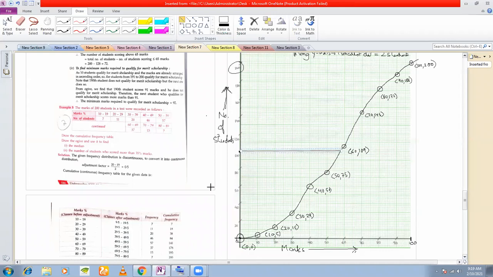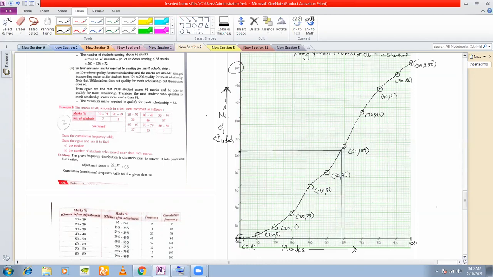Okay. And now from where the line intersects the graph, from here, you draw a perpendicular on the x-axis. So this is your perpendicular on the x-axis.